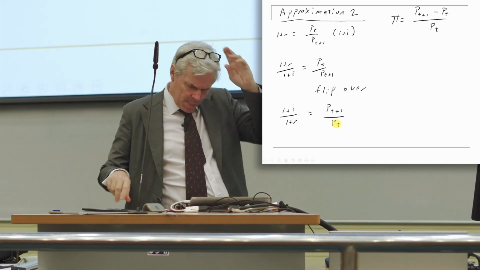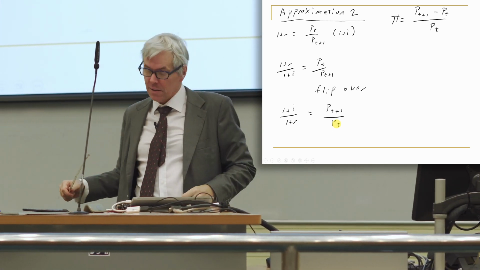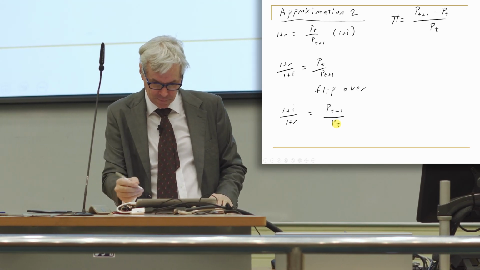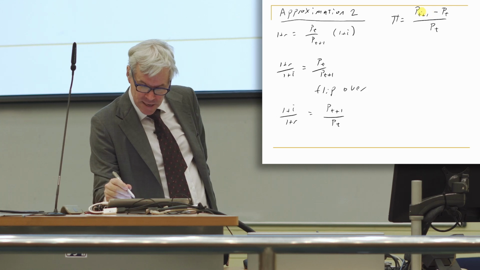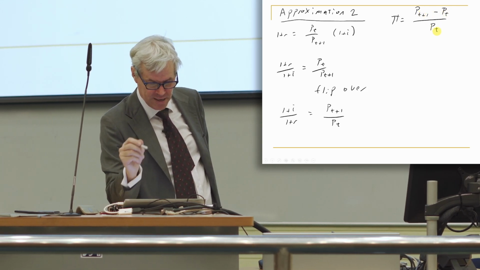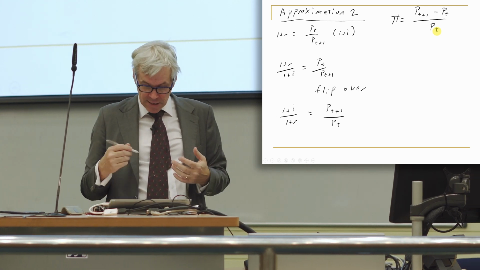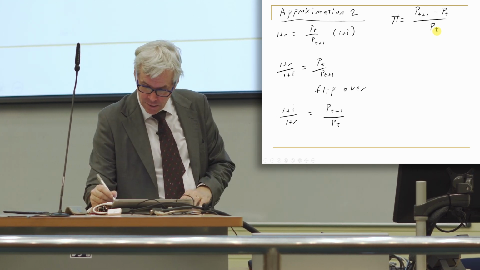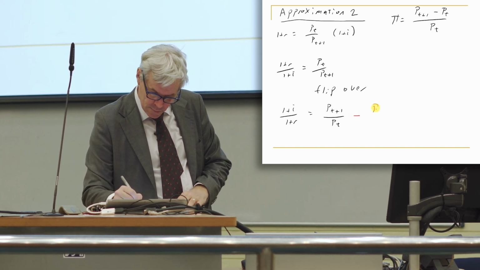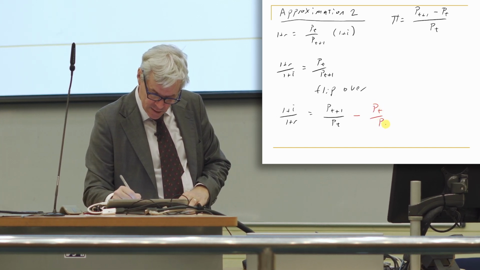So I did that, and now we've got P_(t+1) over P_t. That's nice, but I don't have the minus P_t over P_t. So what I'm going to do is add and subtract that. I'm going to subtract P_t over P_t, and I'm going to add P_t over P_t.